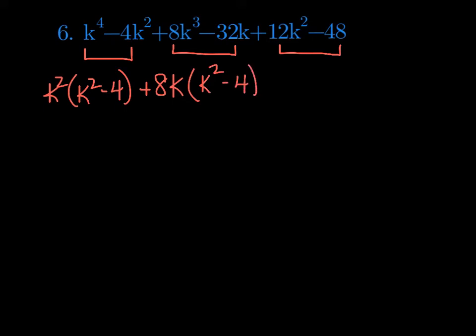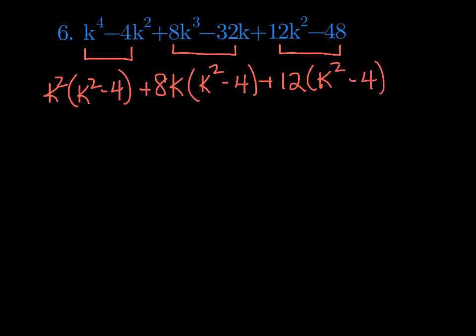So you can kind of see at this point that when I'm looking at this, do you see that this term here and this term here, those 2 binomials, are the same? So I know that I'm kind of on the right track here. All right, so then let's go into the third grouping. So there I see that I have a common factor of 12. So when I divide that out, I'm going to get k squared minus 4.